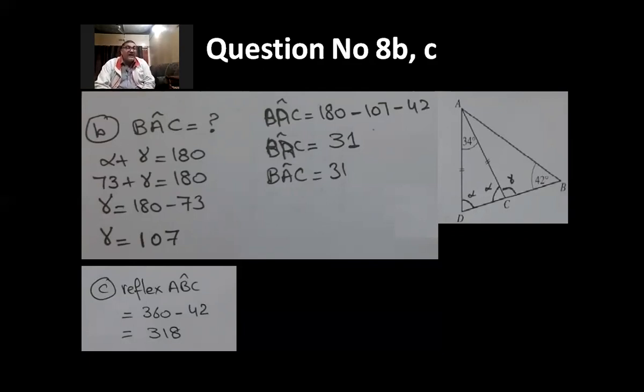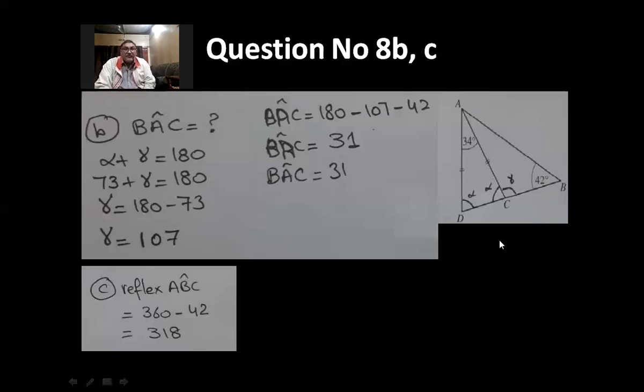Then they say find the reflex angle ABC. They want us to find the reflex angle ABC. This is 42, and the reflex angle is the angle outside here.